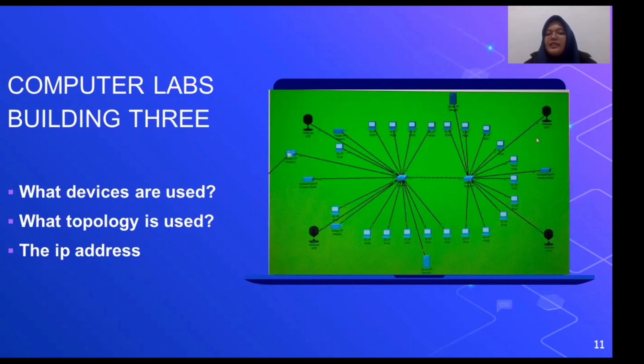Characteristics of a star topology are as follows. 1. Its nodes communicate directly with the central node. Traffic data flows from the node to the central node and back again. 2. Easy to develop because each node only has a cable that is directly connected to the central node. 3.